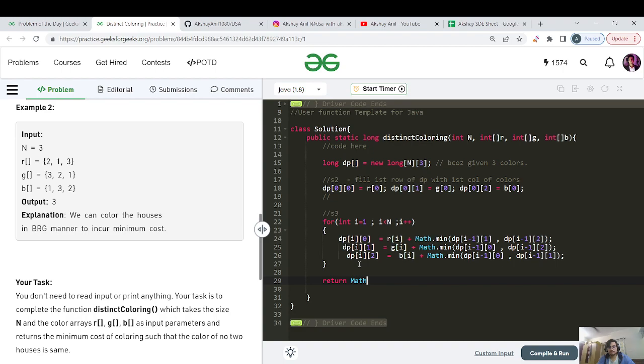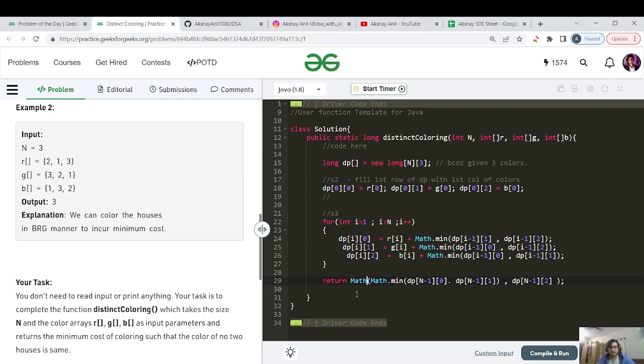For n equals to 3, we need to return the minimum of the third column cells. So I will just write math dot minimum dp of n minus 1 comma 0, dp of n minus 1 comma 1, and I have to compare it with the dp of the third cell, which is n minus 1 comma 2, and I need to mention this inside the min function.